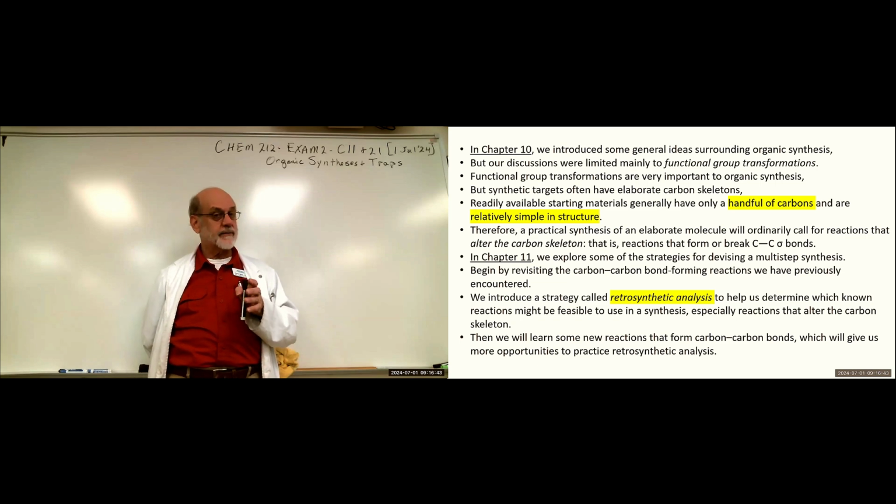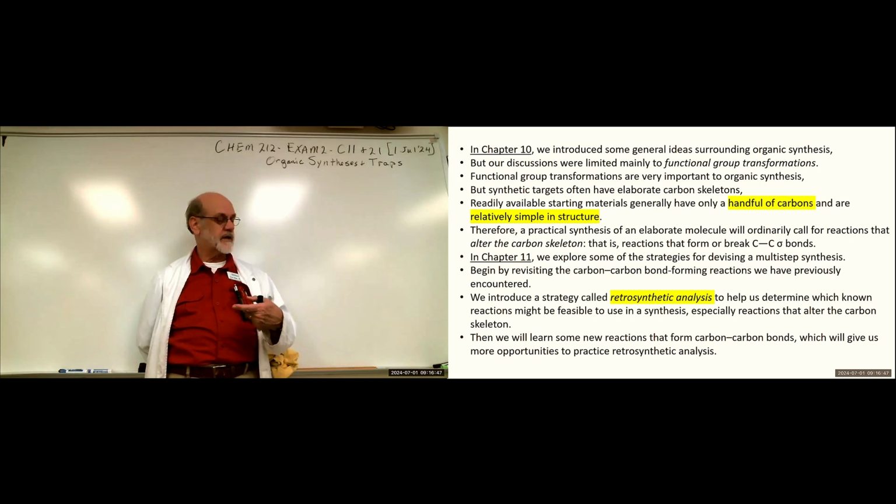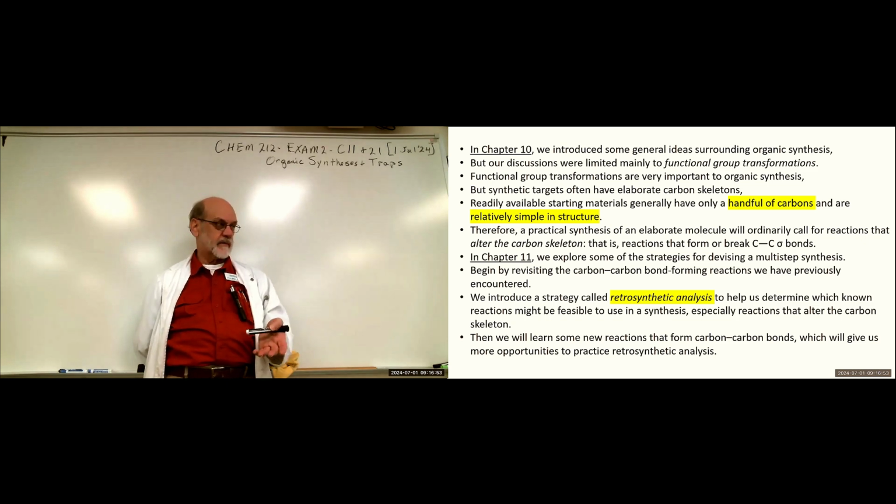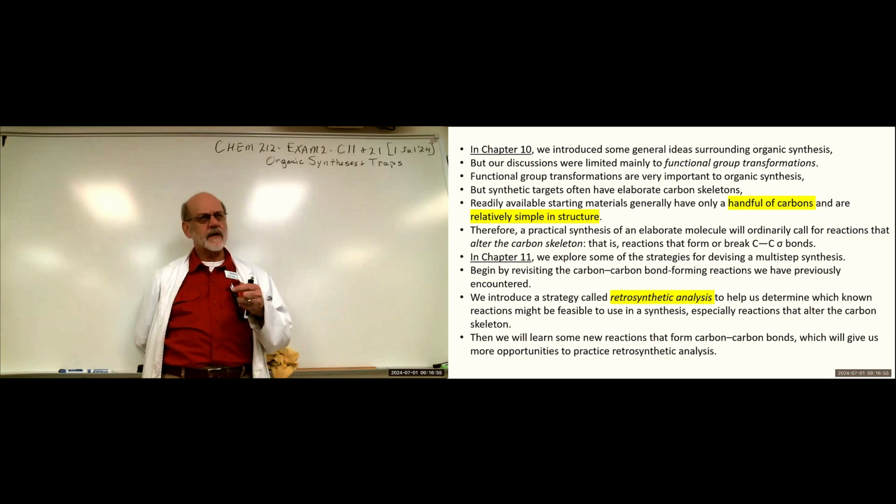There are lots of other reactions discussed in those chapters, and chapter 21 makes reference to those, and we haven't even looked at them. The only reason I go to chapter 21 is because it talks about synthesis also. We have three synthetic chapters. But I want to get to 21 because it discusses synthetic traps.